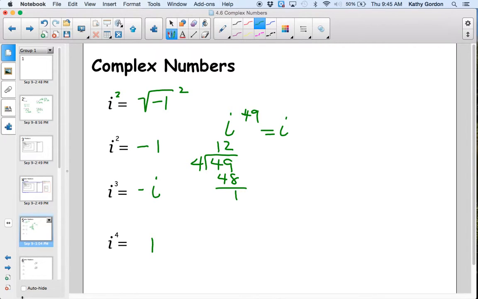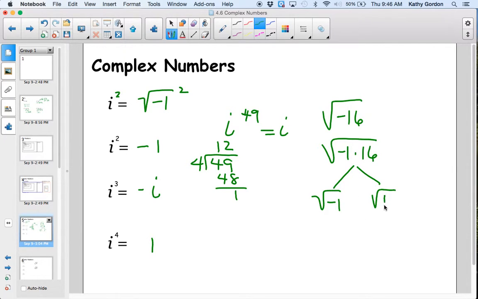So then, if I ask you to simplify something like the square root of negative 16 that we had as an answer, what we're really doing is saying that's really the same as the square root of negative 1 times 16, which, as we just said, we can split up into the square root of negative 1 times the square root of 16.